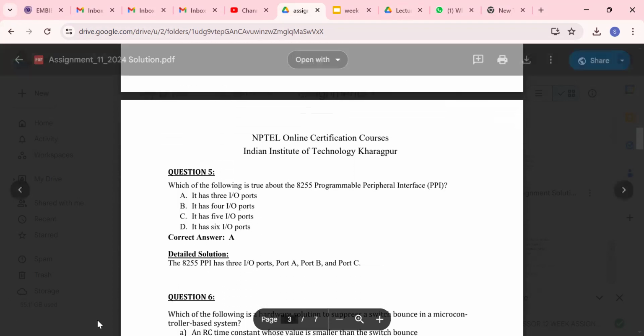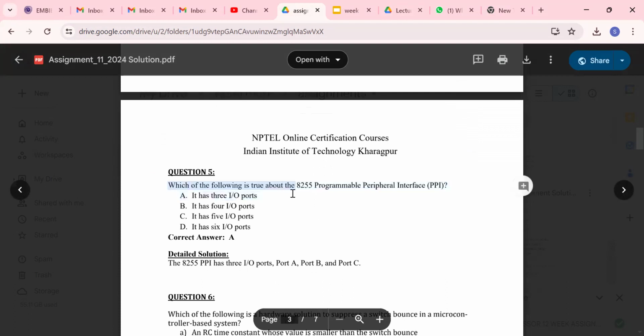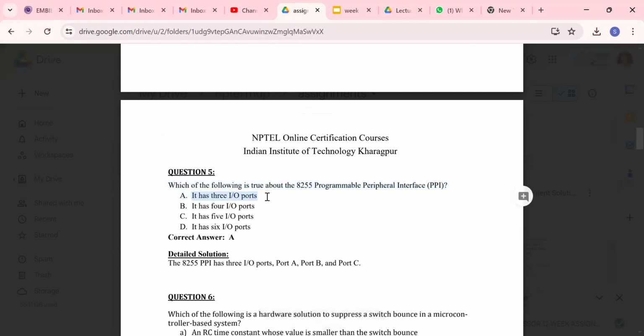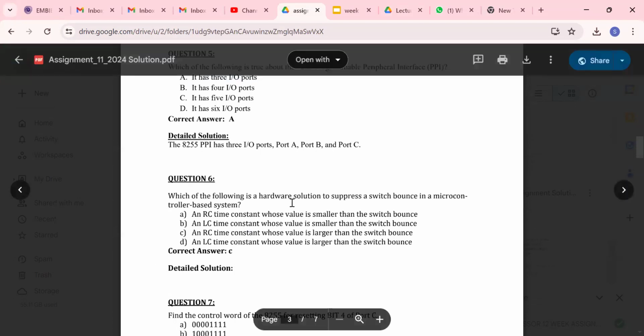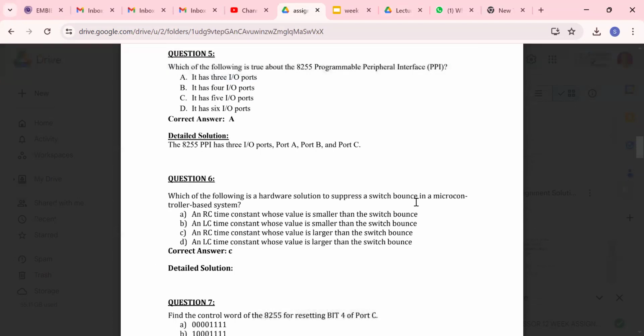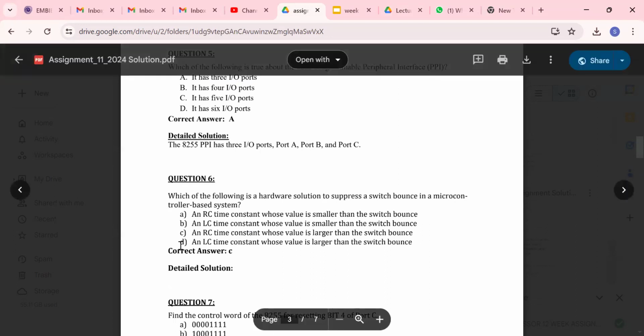Which of the following is true about the 8255 interface? It has three IO ports, that is true: port A, port B, port C. The remaining are all false. Next: which of the following hardware solutions suppresses the switching bounce in a microcontroller?